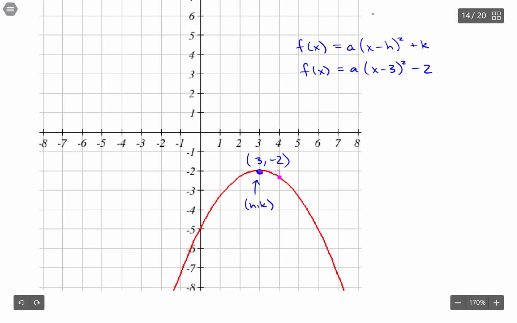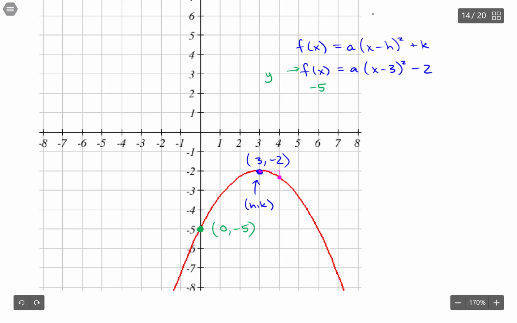So another way, which is always going to work, is to just pick any other point that exists on the curve, as long as it's a point where you can readily determine the coordinates of it. So for instance, this point right here, it's at 0 on the x, -5 on the y. I can take those coordinates, and you can always replace the function value f of x with y.